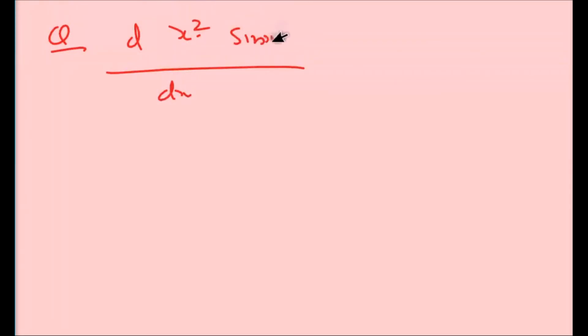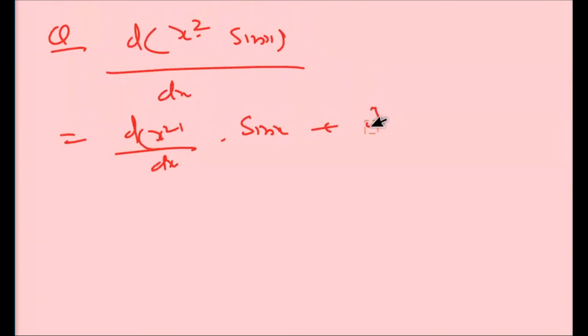Now another question by product formula, let x square sin x. Now we know the formula: differential of x square into sin x plus x square into differential of sin x.